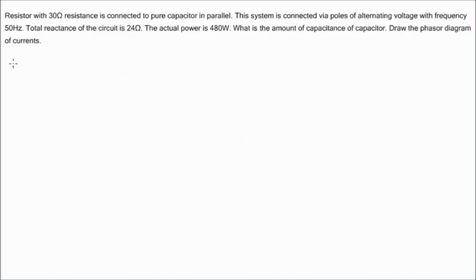Let's calculate first of all the current in the resistor.